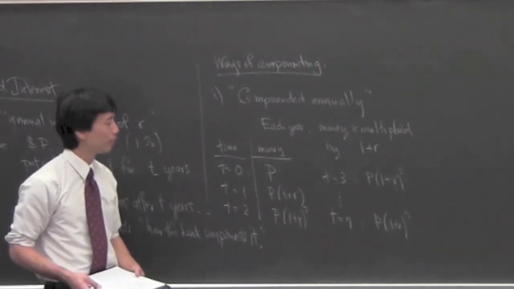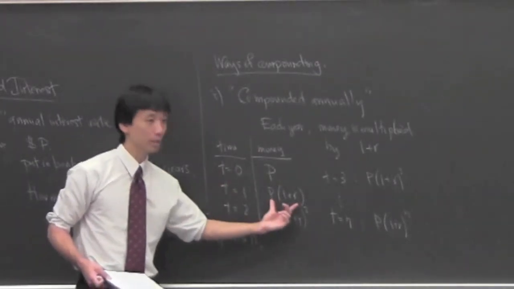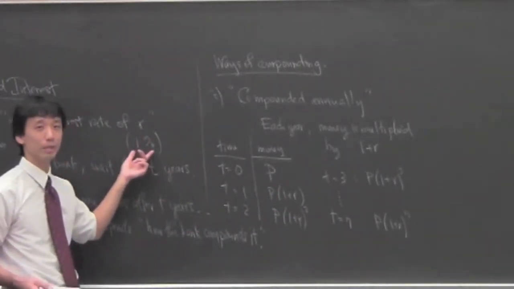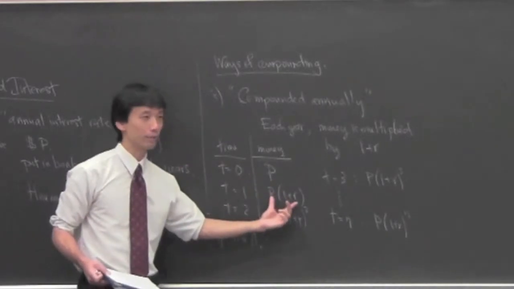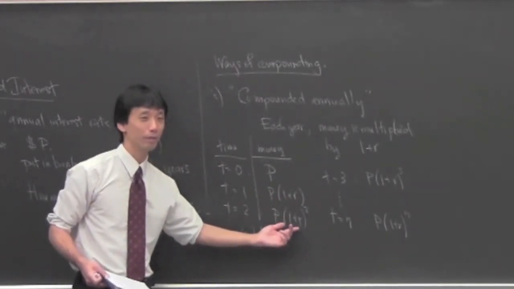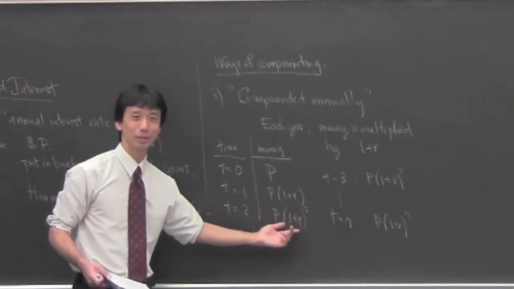Right. So if you start off with $100, say, after year 1, you're going to have $101, if the interest rate is 1%. After 2 years, you have 101 times 1.01, right?